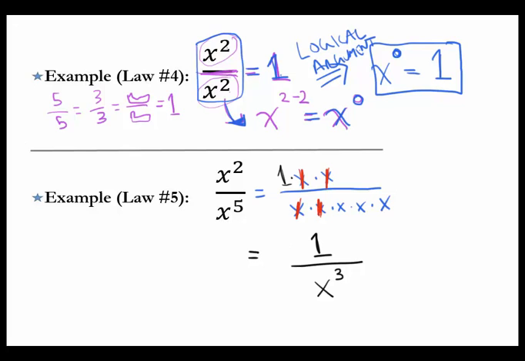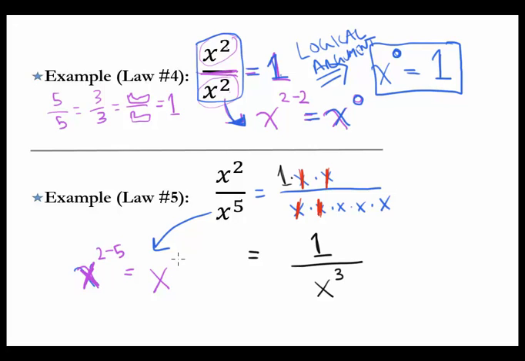Again, we're going to do another way of reasoning about it. I know that it's the same subtraction pattern. When I divide two exponents, I subtract. So this should also equal x to the power of 2 minus 5. Well, what is 2 minus 5?